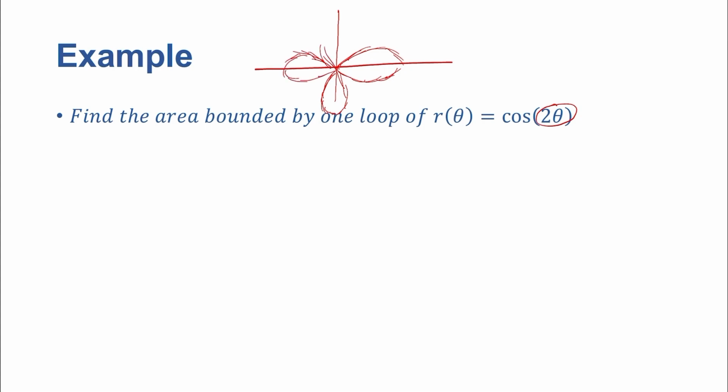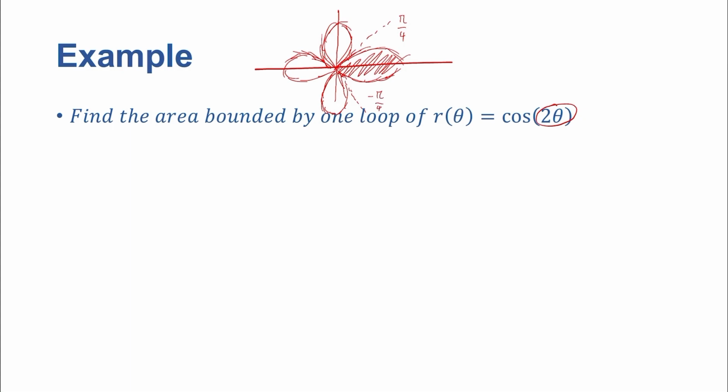This has a lot of symmetric properties that we can use to make our integrals easier as well, which is nice. So we want to find this here. Given that this is all symmetric, we know that these are each going to be swept out by angles of 90 degrees, but they're going to be skewed. So you've got here theta equals pi over 4. Theta here equals negative pi over 4.